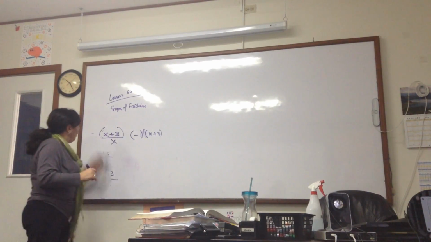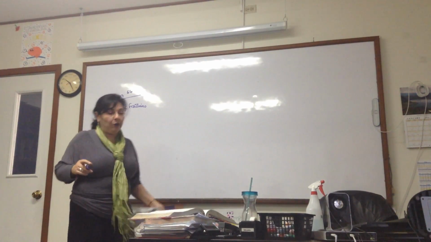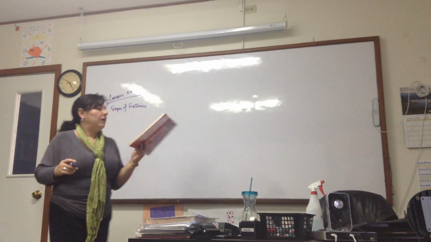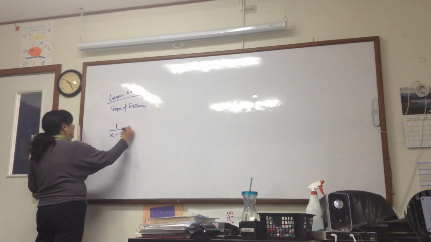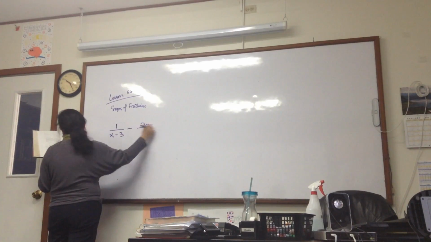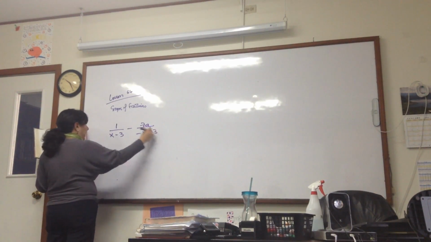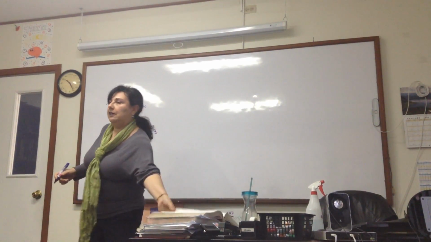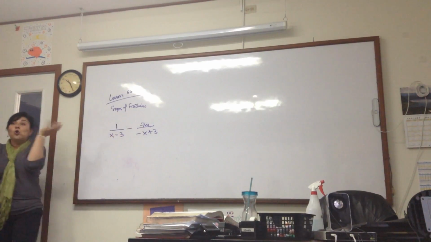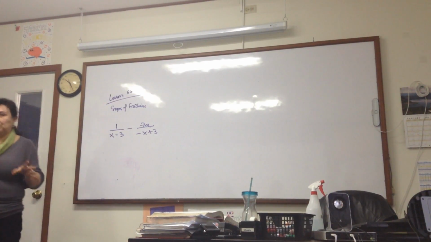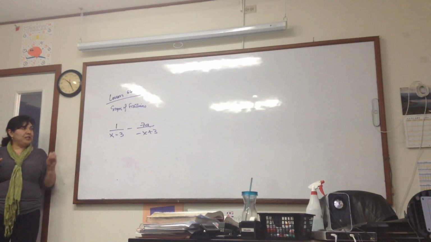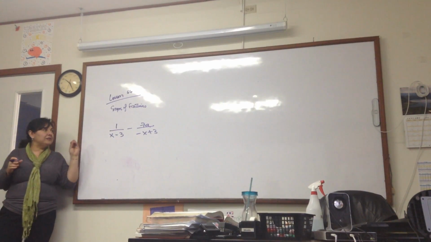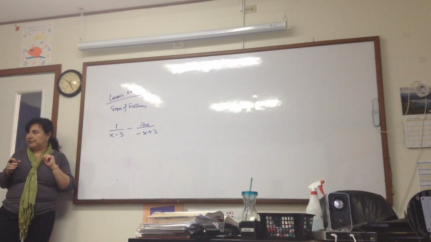So, how are we going to apply this? Well, let's say I have 1 over x minus 3 minus 7a over minus x plus 3. First of all, fractions. We don't like fractions. So, first things first. It says subtracting fractions.